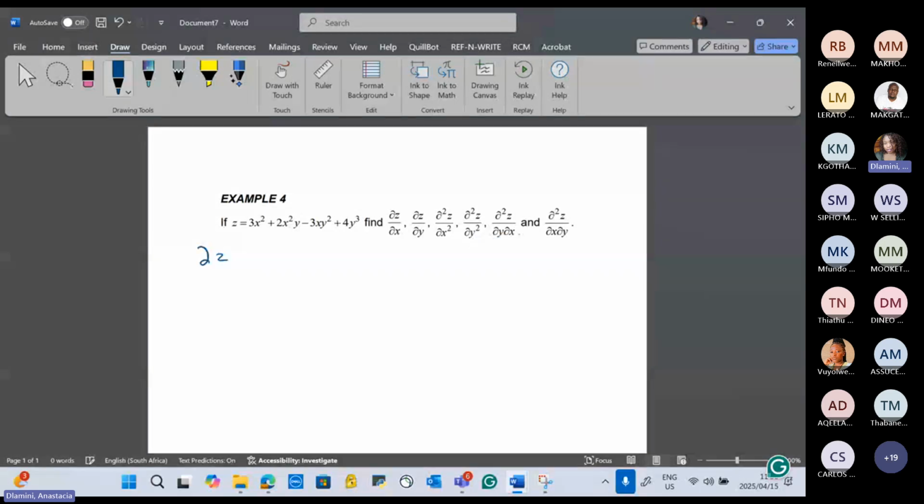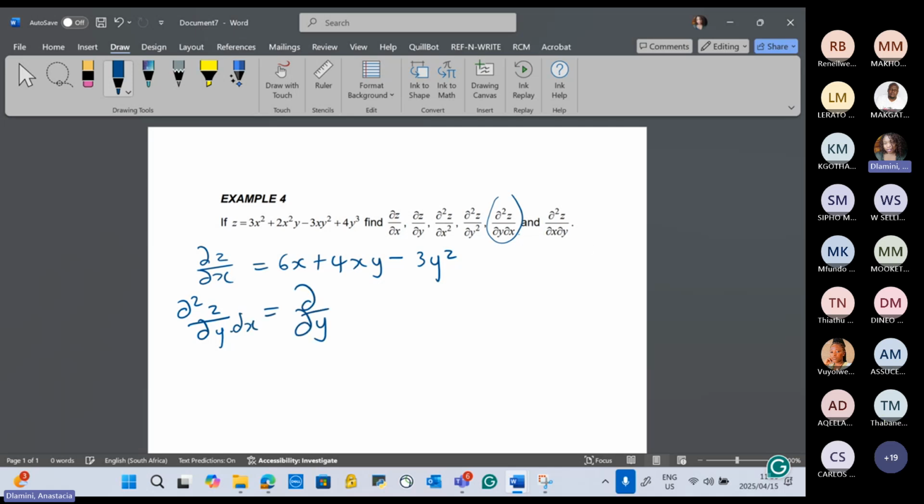Which one is the first partial derivative? It's the partial derivative of z with respect to x. Remember, we read from right to left. We found that one was 6x plus 4xy minus 3y squared. Because they want the mixed partial, we take the partial derivative with respect to y now. So this is the partial of y of 6x plus 4xy minus 3y squared.